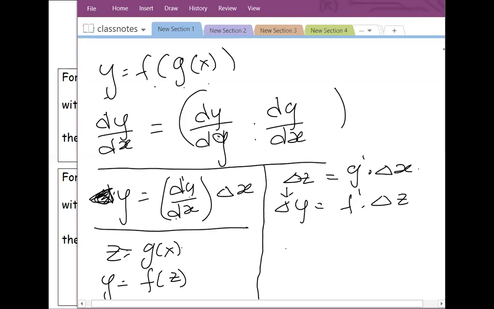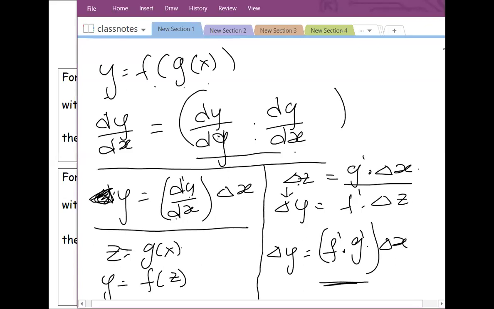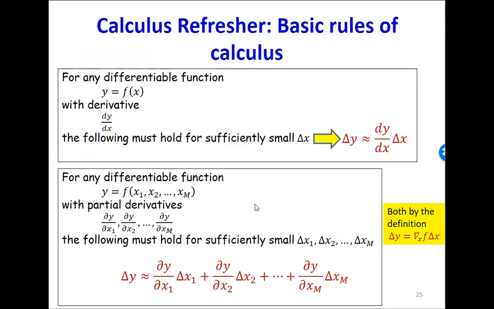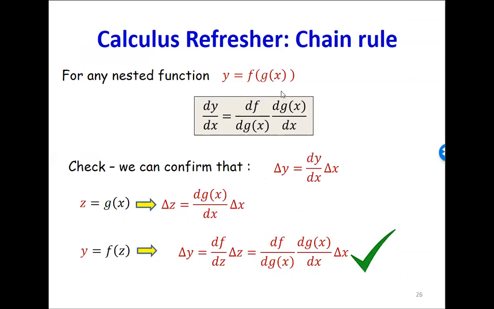So let me plug this in here. It says delta y equals f prime times, and I'm going to use this formula for delta z, g prime times delta x. I can parenthesize this, and this guy is the same as this one. So we have proved that this chain rule holds. Questions? Anyone? Nothing on chat. Okay, fine.